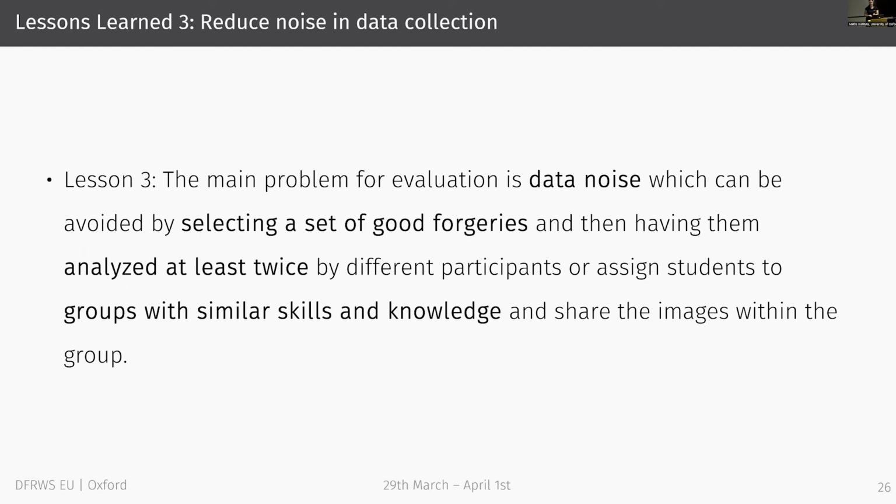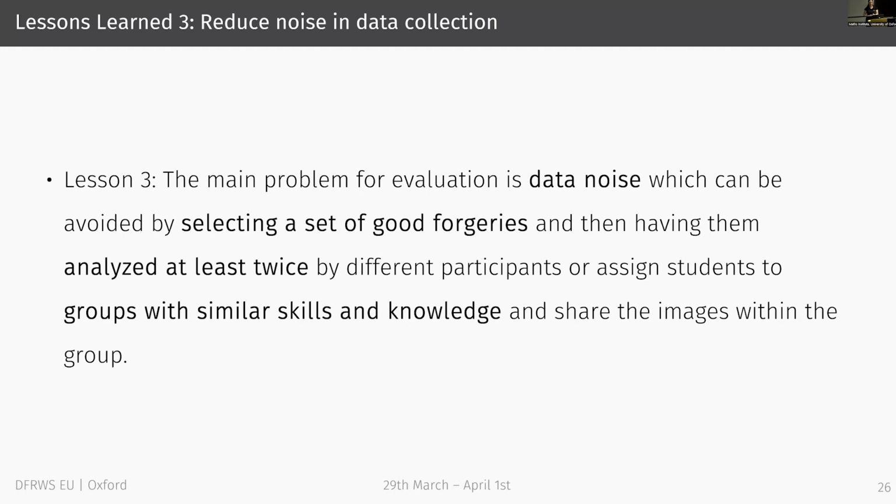Noise and outliers caused by different knowledge and motivation levels can be avoided, for example, by selecting a set of good forgeries, and especially the outliers can be sorted out if you let the participants analyze the images at least twice.